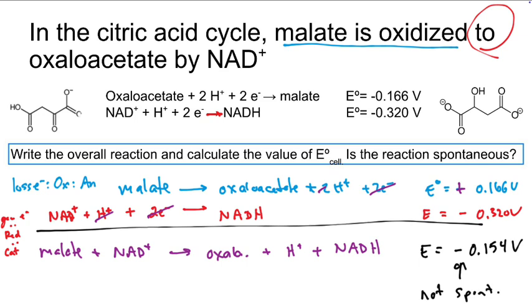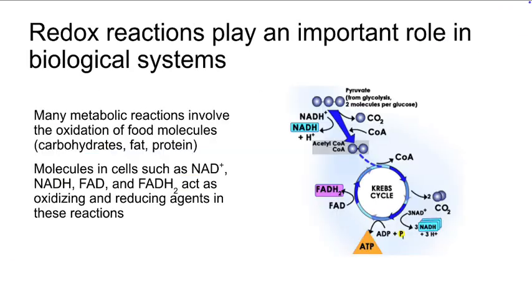Okay? If it's not spontaneous, would this ever happen? It's a weird, vague question. Okay? If it's not spontaneous, it shouldn't happen on its own. Right? If it doesn't happen on its own, what happens to the Krebs cycle? What's the whole point of the Krebs cycle?